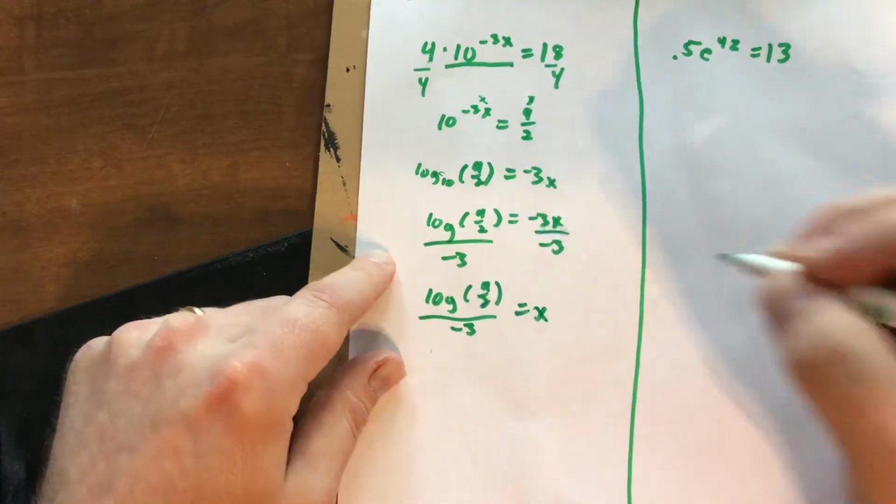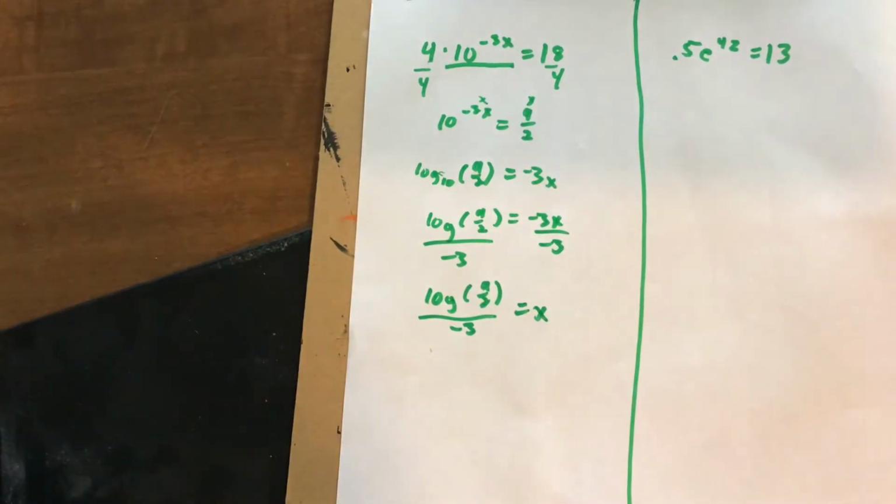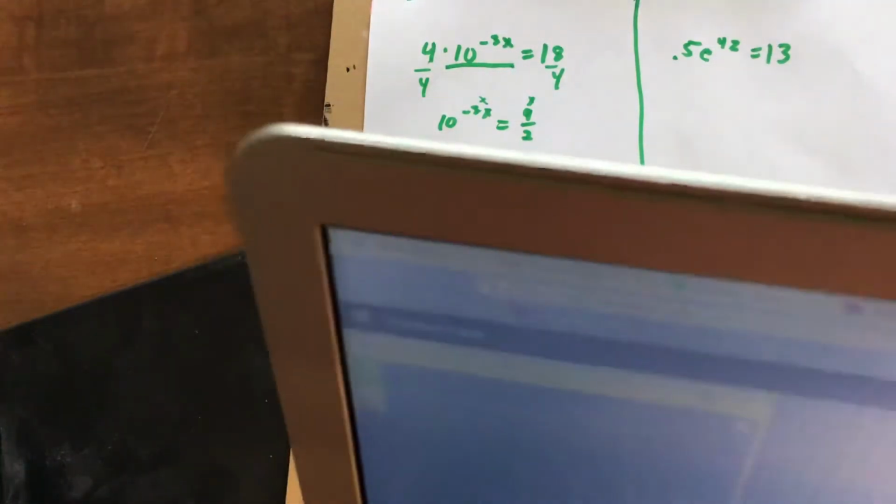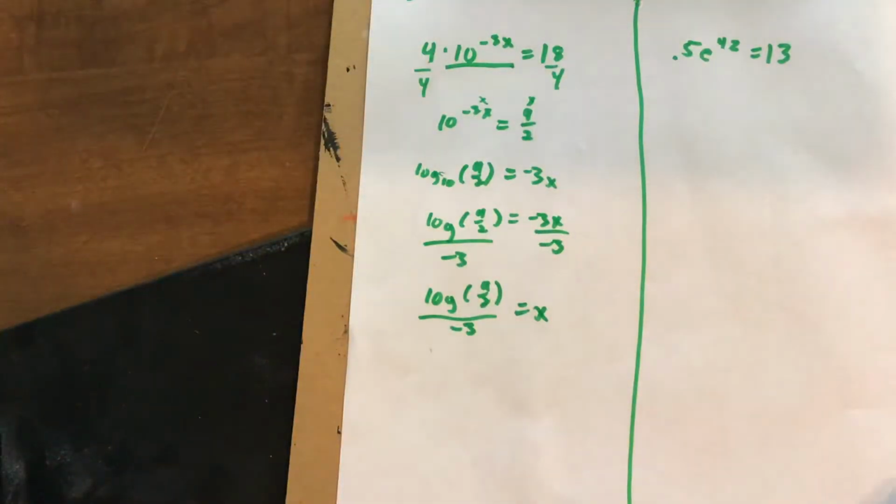That's equal to x. If I want the approximate answer, I'll have to use either my calculator or Desmos. Most scientific calculators will have just a plain old log button, so you can type in log, parentheses, 9 over 2, and then divide by negative 3. In Desmos, I can do basically the same thing.